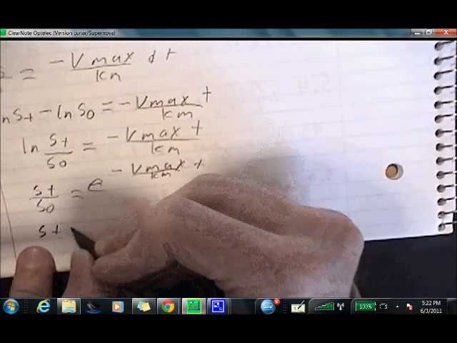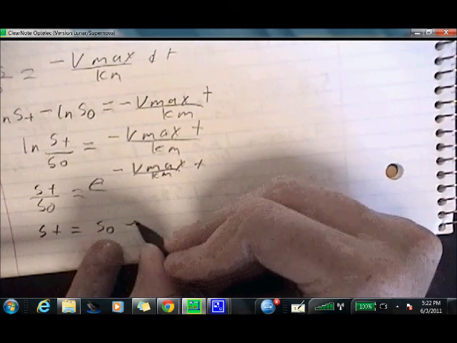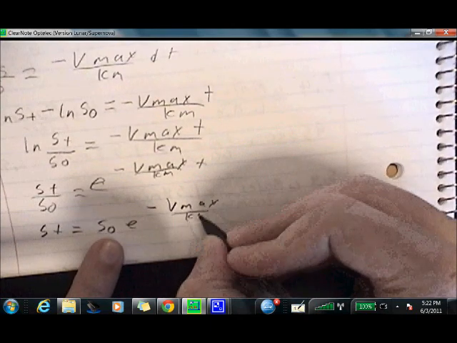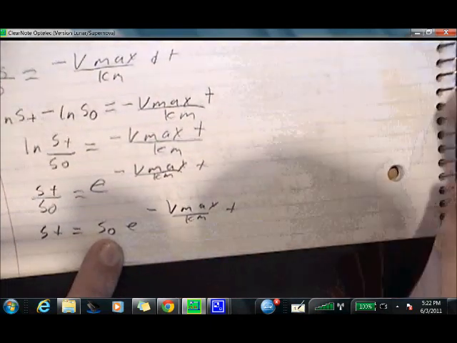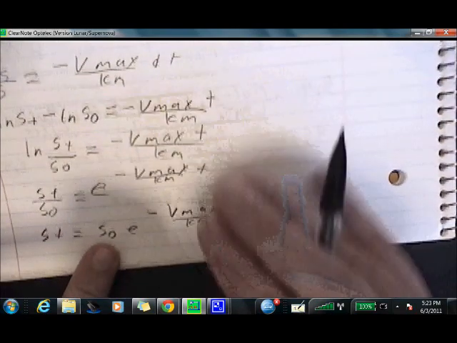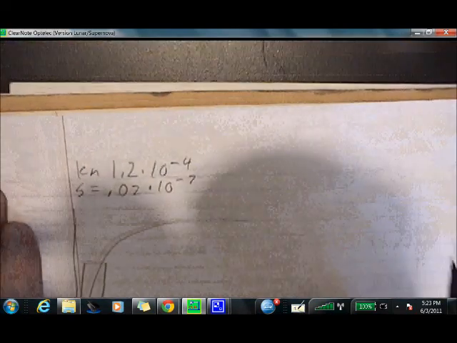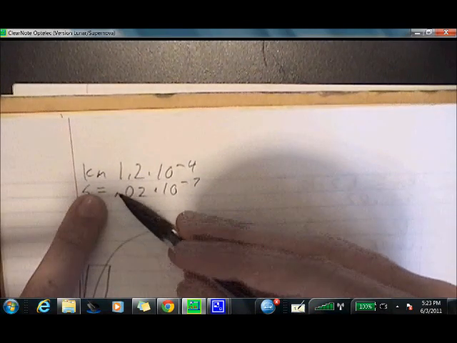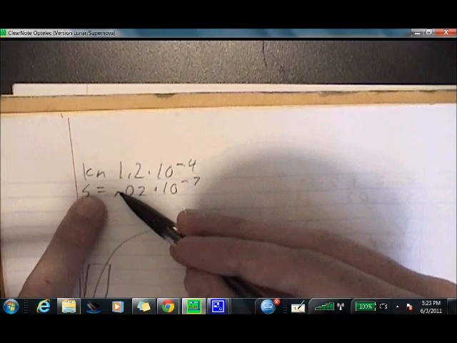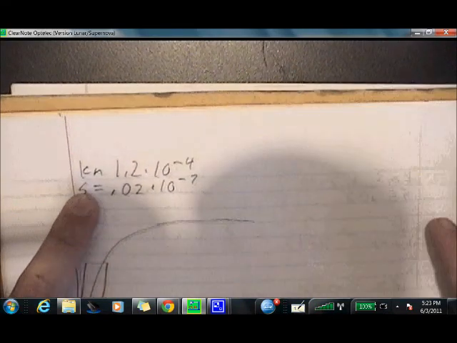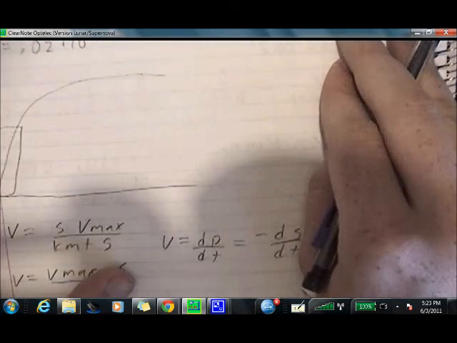So now we have st equals so e to the negative V max over Km T. Alright, so now we have this. So again, this is a hypothetical question, and what it was, what would happen if the substrate concentration was this and the Km concentration was this.